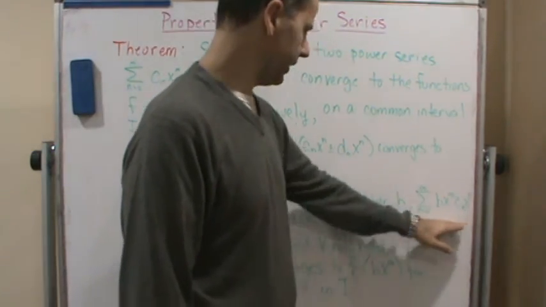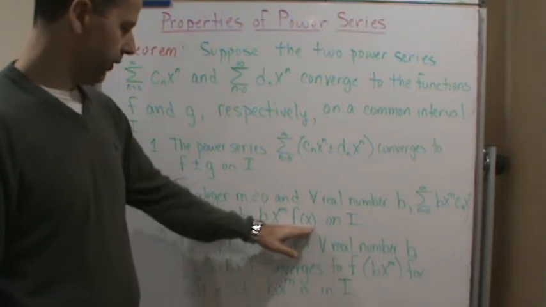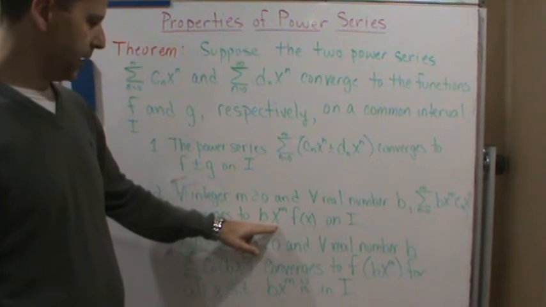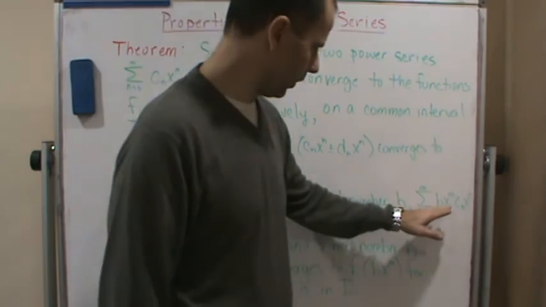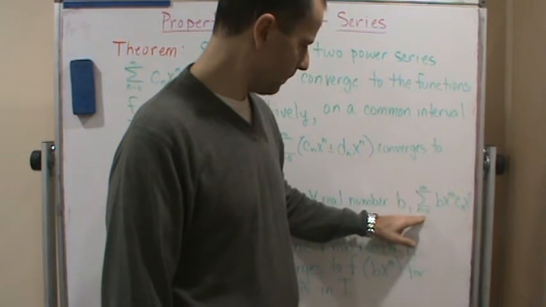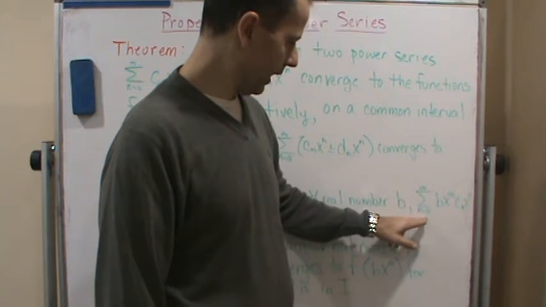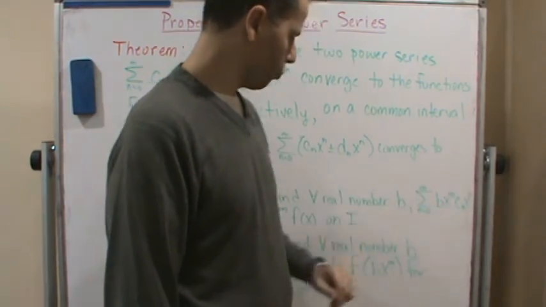So this series here converges to this, which is just b times x to the m times the function. We could take this because the series is based on n, right? N from 0 to infinity, so it only affects this term.